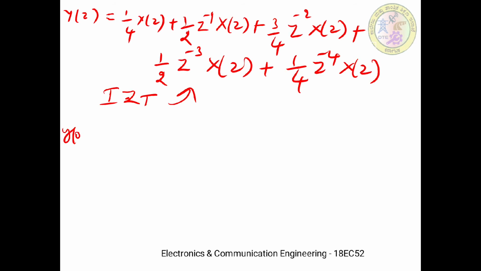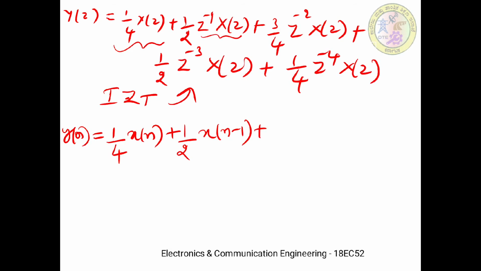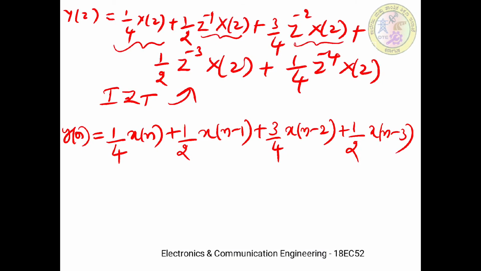So therefore y of n is nothing but 1/4 into x of n first term, plus 1/2 into, so IZT of z inverse into X of z is x of n minus 1, plus 3/4 into, so z to the power of minus 2 into X of z is nothing but x of n minus 2, 2 times delay, plus next one is 1/2 into x of n minus 3, plus the last term is 1/4 x of n minus 4.